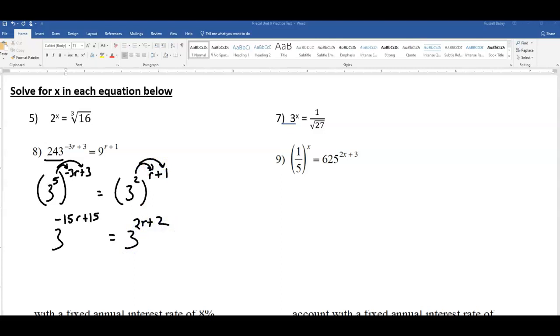And so now we've got the two sides with the same bases, and we can ignore those bases and just set those exponents equal to each other and solve what's left. So I would add 15r on both sides.